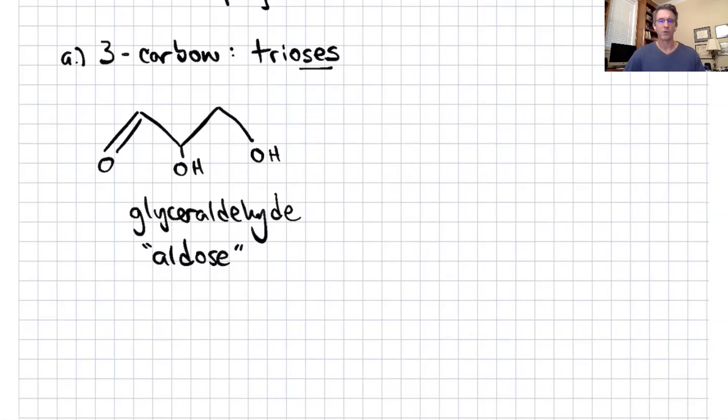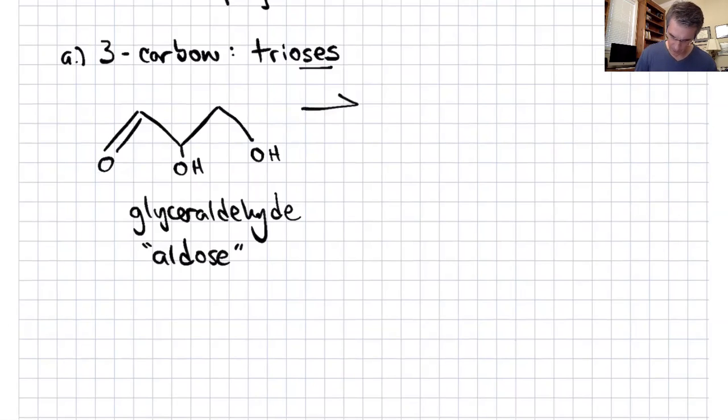Now, what you may or may not remember is that alcohol groups that are alpha to a carbonyl group can go through an isomerization reaction in which the carbonyl group migrates. It moves over by 1 carbon, right?